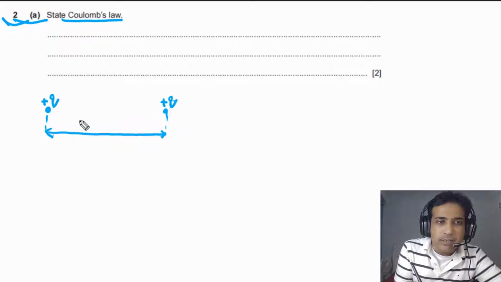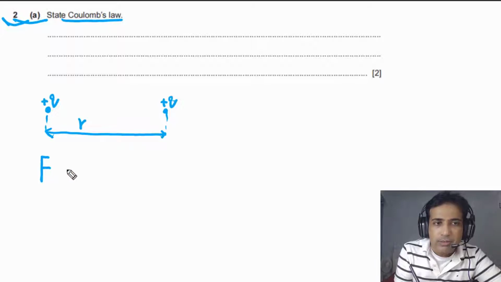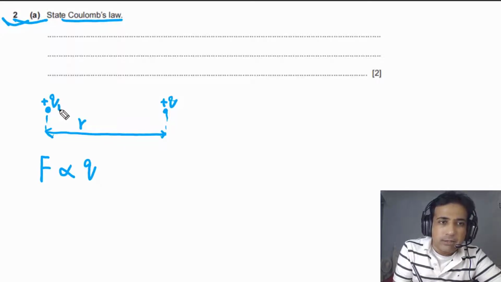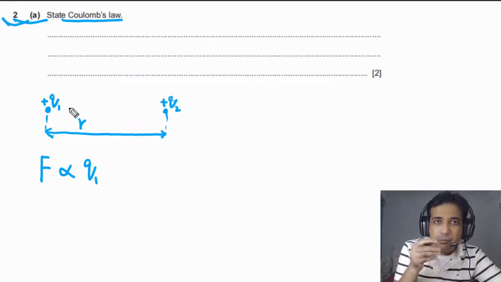This distance is r. Coulomb's law simply tells us the force between these two point charges is directly proportional to the product of these charges. Let's say this is charge Q1 and this is charge Q2. The force between these two charges in this case will be a repulsive force.